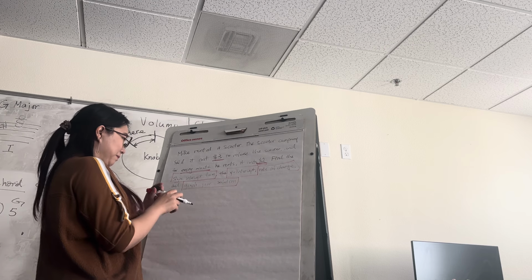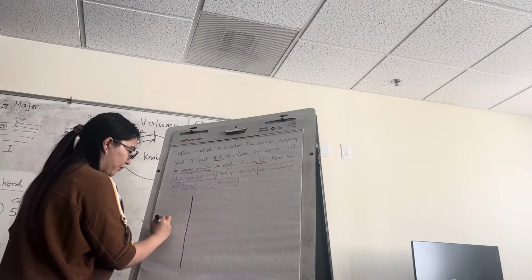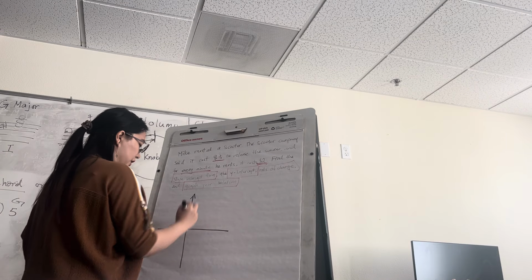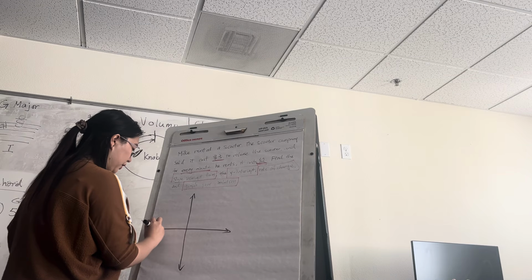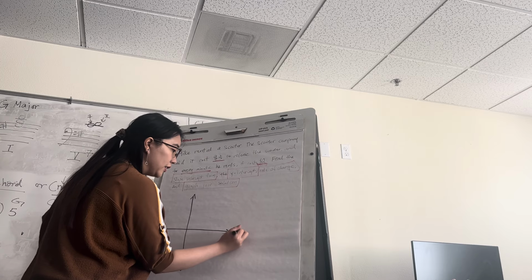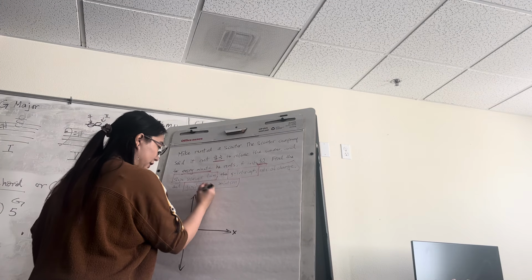So here I like to draw a sketch of my graph first, and always label your axes, right? So this is the x-axis and this is the y-axis, right?